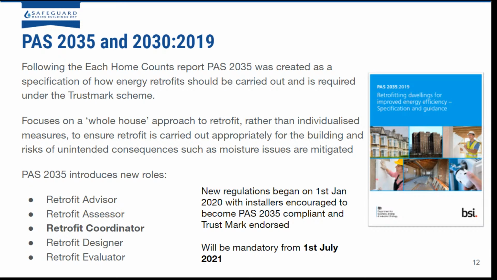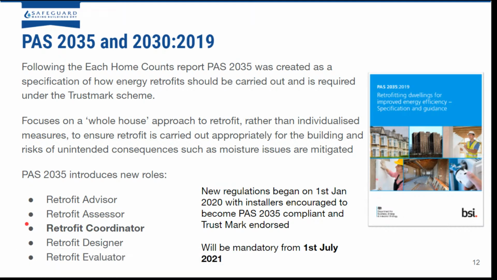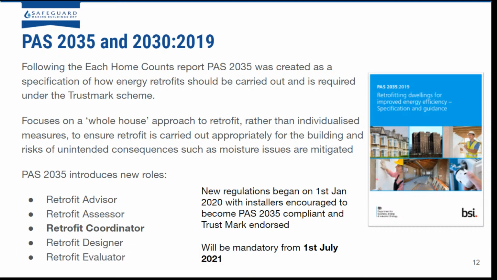So PAS 2035 introduces new roles, the most important of which is a retrofit coordinator, which will be necessary for all domestic retrofit. These new regulations began 1st of January this year, with installers encouraged to become PAS compliant and Trustmark endorsed, and they will become mandatory from 1st of July next year.